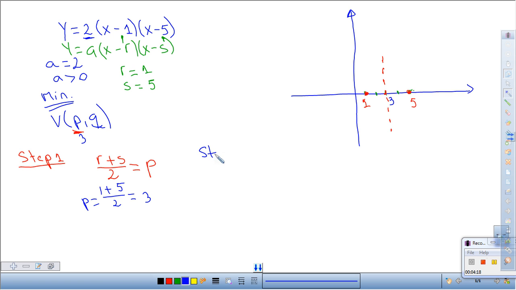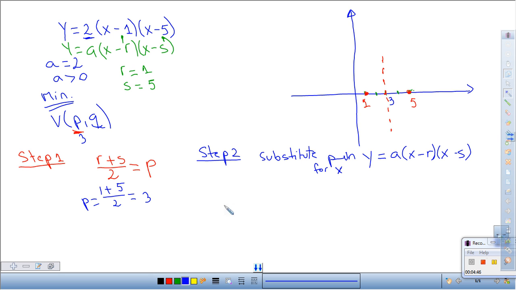So step 2, substitute P in y equals a times x minus r times x minus s. So substitute P for x.